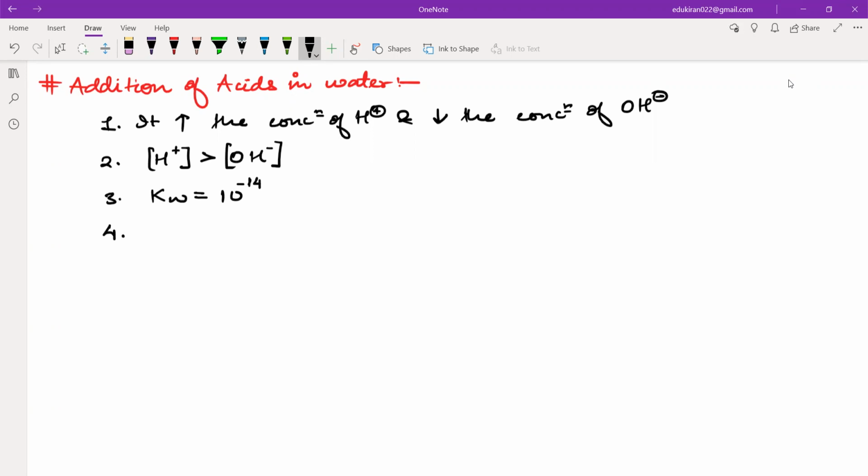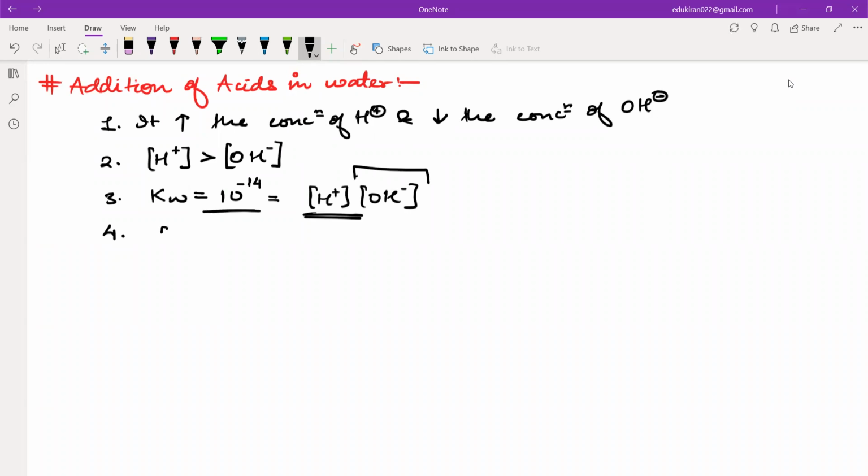I can calculate this. This is equal to the concentration of H plus times the concentration of OH negative. So if I tell you I have added this many moles of H plus, it means that I'm giving you the concentration. From the concentration of H positive, I know this concentration, I know that Kw is a constant, and I can calculate the concentration of OH negative.